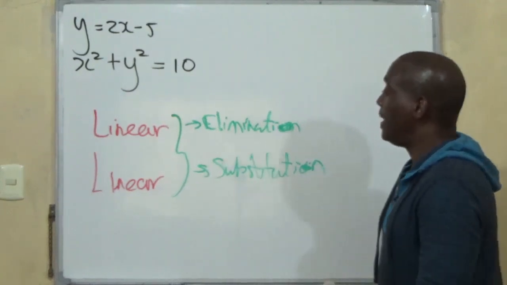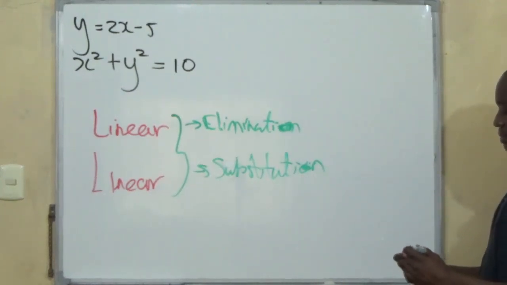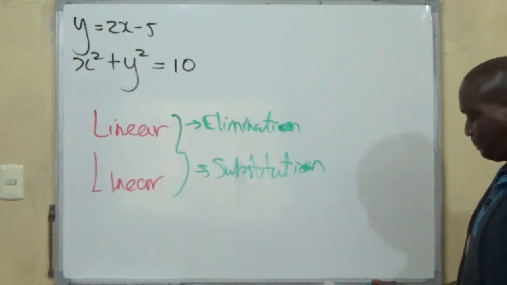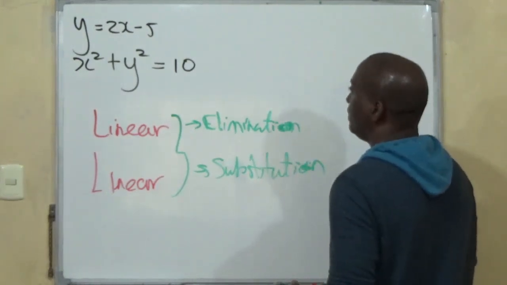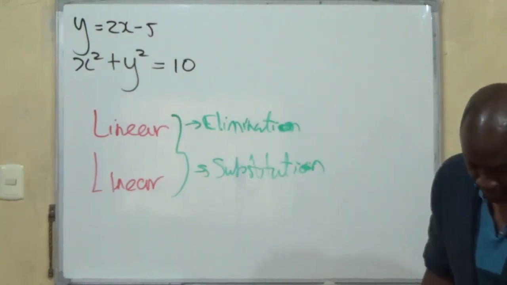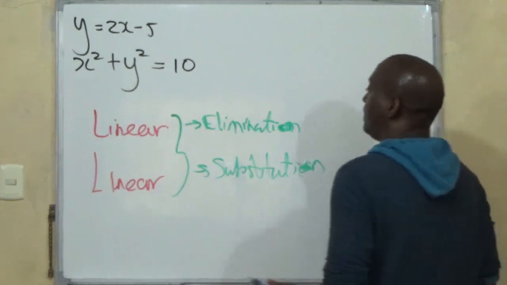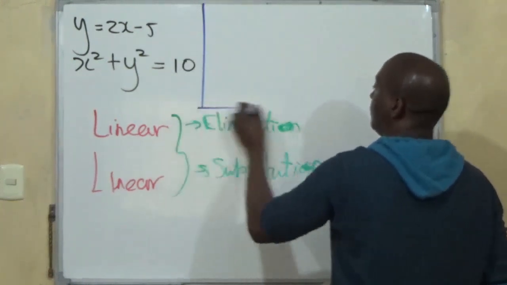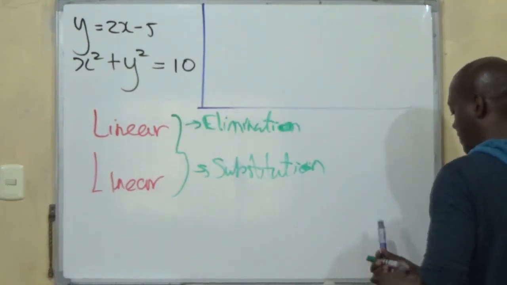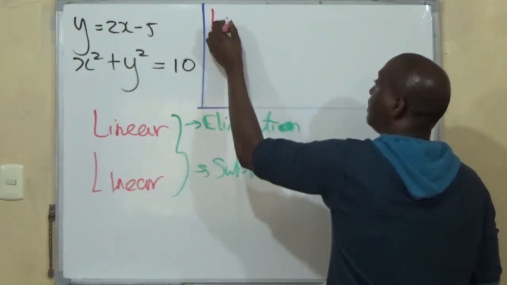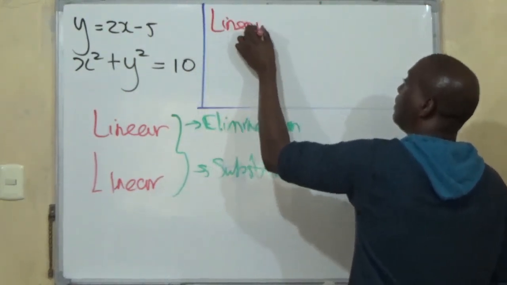Right? If we have a different situation now, different scenario, let me take some space up in the corner here. So up in the corner here now, we have the other scenario where you have the linear simultaneous equation, right?